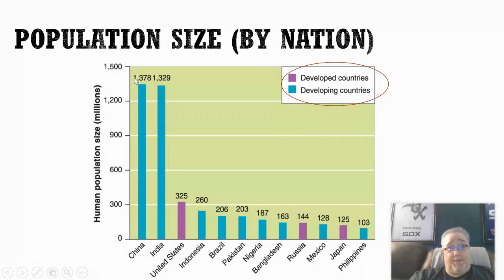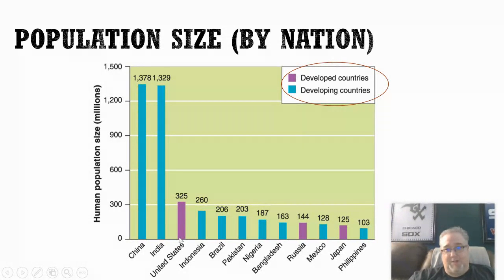This is 1.3 billion people that are currently living in China. This chart's a little bit outdated, but 1.3 billion people are currently living in China. 1.37 in India, they're a close second, with a little bit less than China. But these two countries here are the most populated countries in the world.